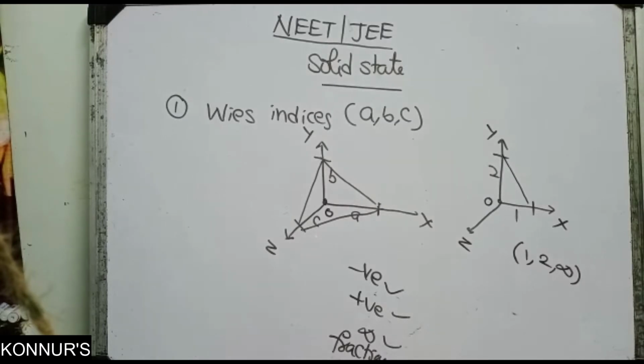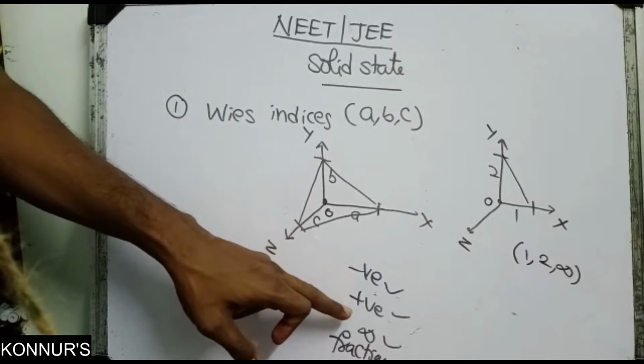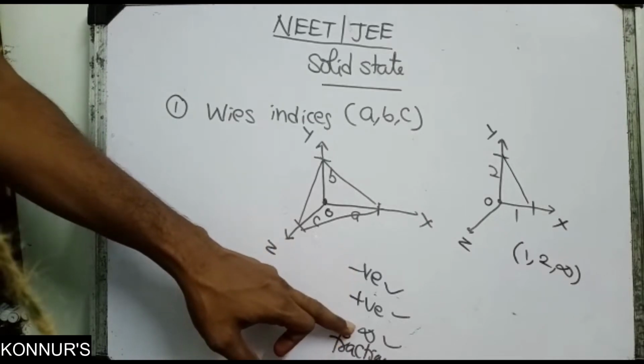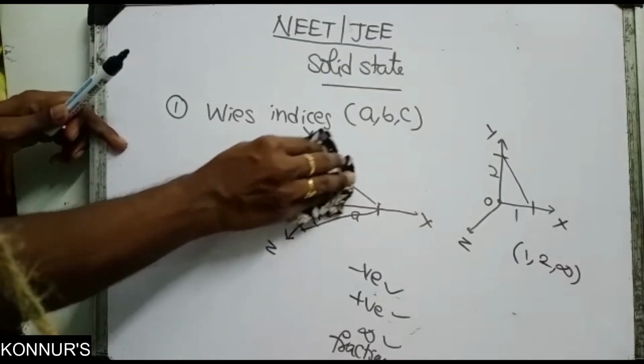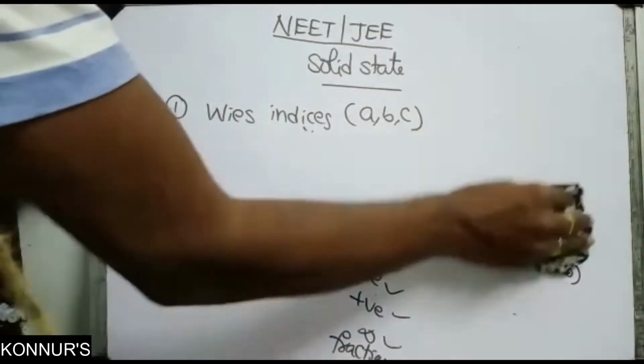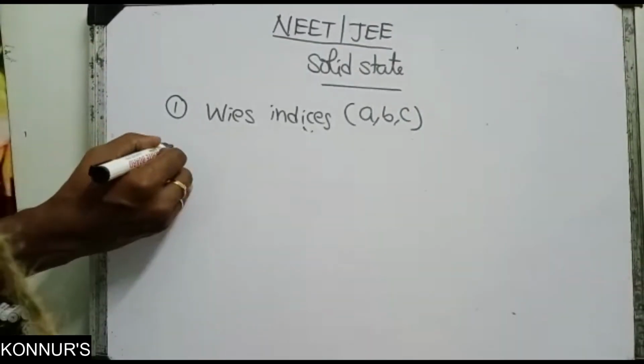Next, the Miller indices. Here negative values, fraction values and infinity values are there, so we try to control that. Negative fractions are taken in the next, Miller indices.